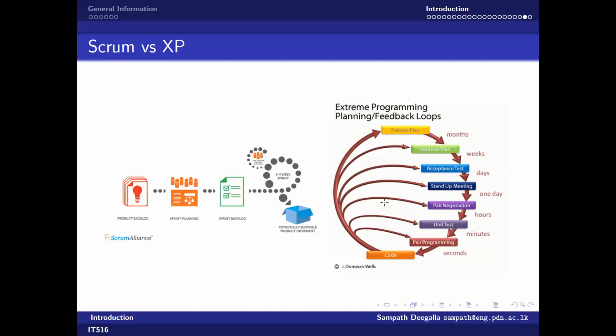I'm not going to go into details of how these two work. For example, in Scrum, the user will prioritize the features of the system, which we call the product backlog. The developers take a sprint, which is a shorter period of time, let's say 2 weeks or 3 weeks.